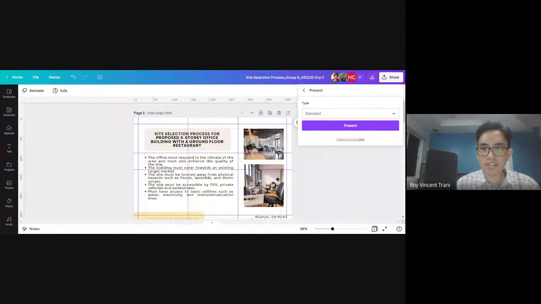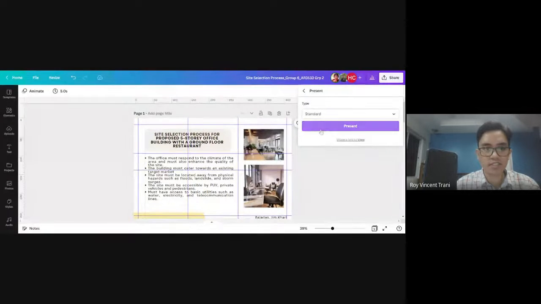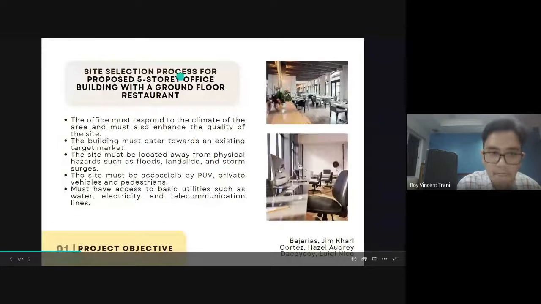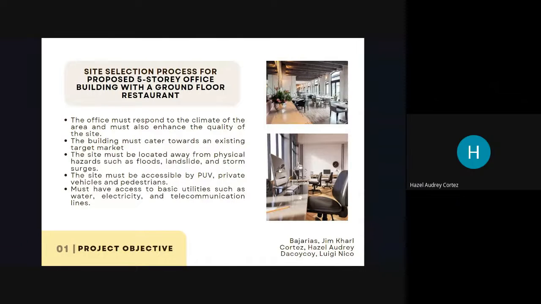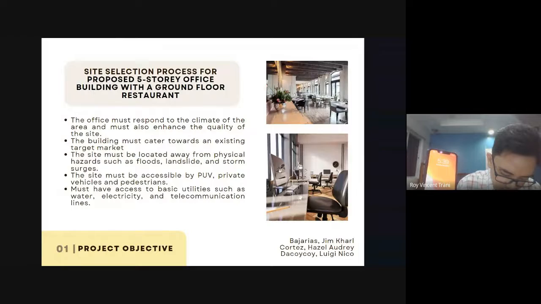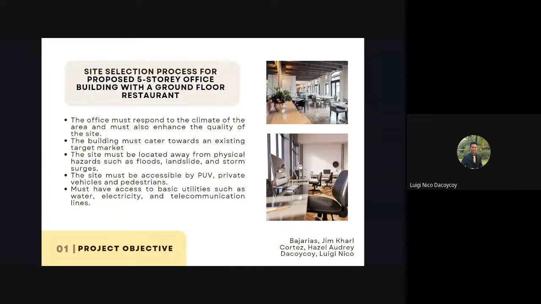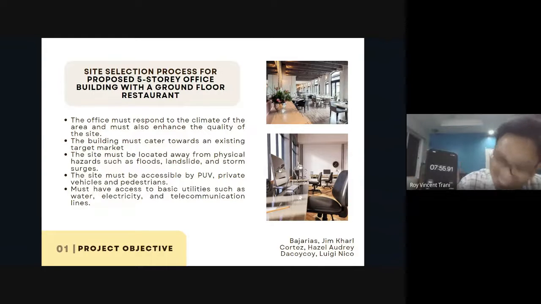Sige, but Baharias, Cortez, and Dakoykoy. Group 6. Do you have a group name? Wala ra. Sir, the Walkers, sir. Walkers. Okay. Daywalkers. Okay, timer will start when you're ready.